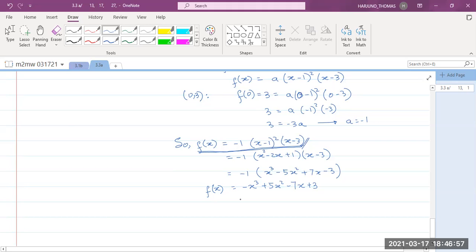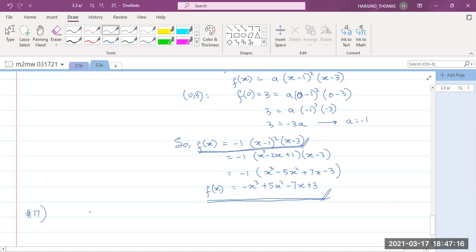I still have a couple minutes. Let me do 1 or 2 more problems. Number 17. Actually, you can see number 17 is a lot easier than what we have done in this section, because the question is quite simple.